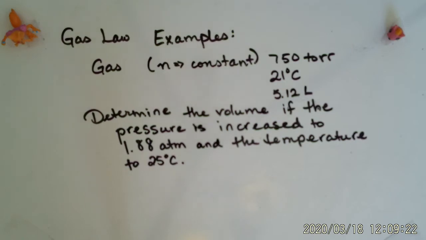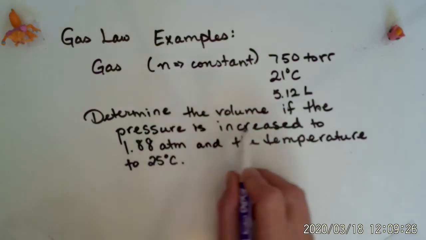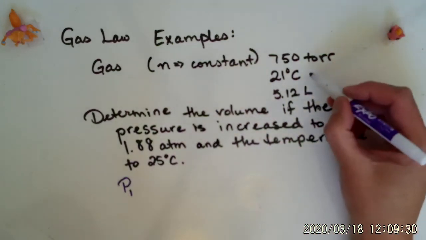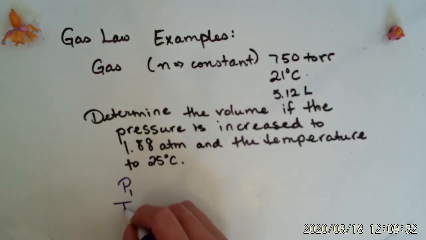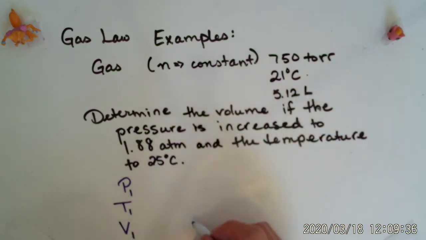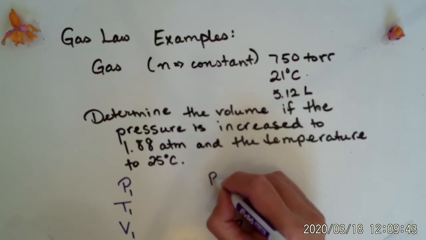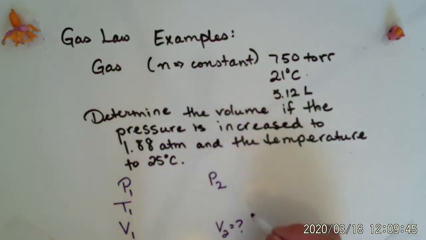We know we're holding N constant, but what we see is we have my initial pressure, an initial temperature, and an initial volume. We're trying to determine the volume, and we had a change in pressure and a change in temperature.